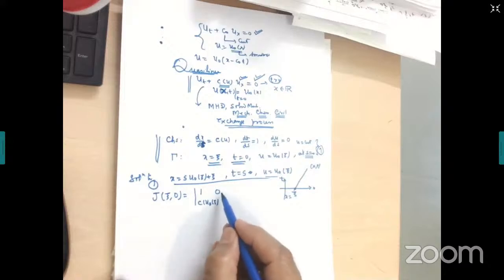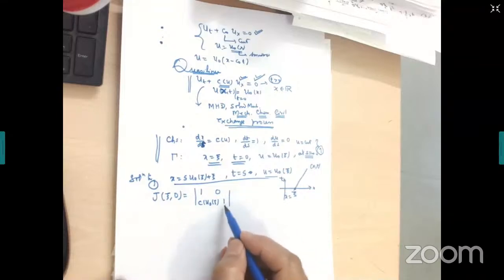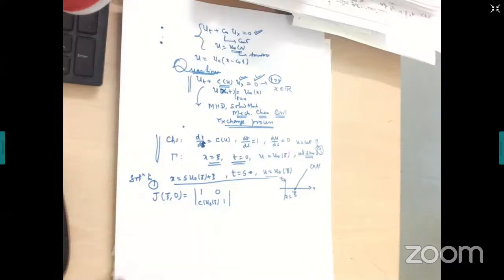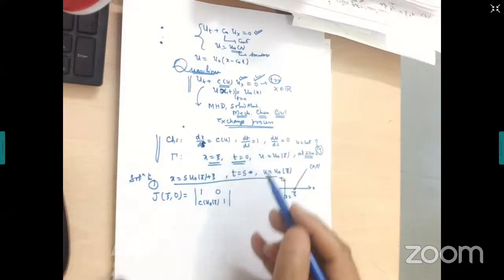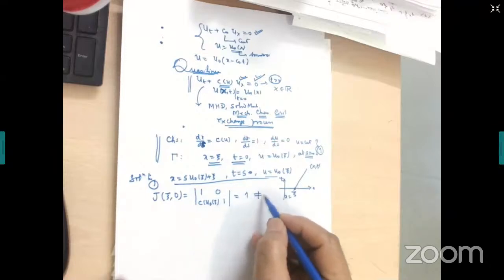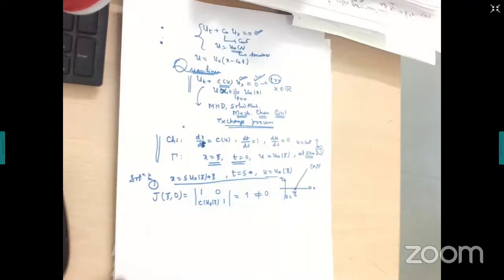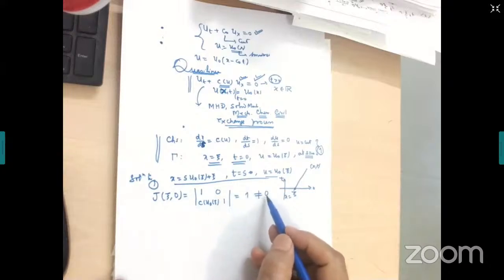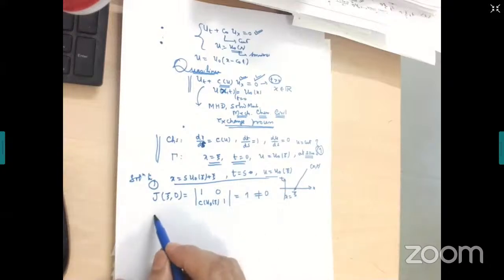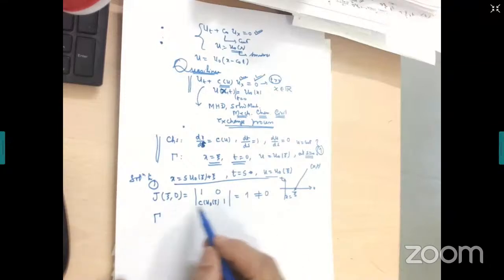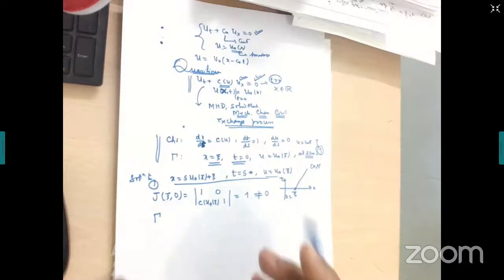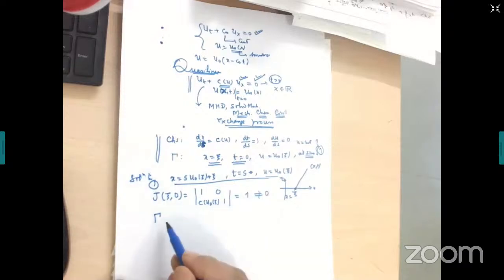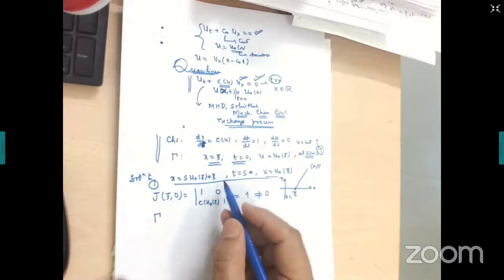And dt/ds is 1, correct? So the Jacobian is 1, not equal to 0, which means there exists a unique solution. J not equal to 0 is a necessary condition. The next is the rank condition. Anyway, you can check it, but in this case it is clear.